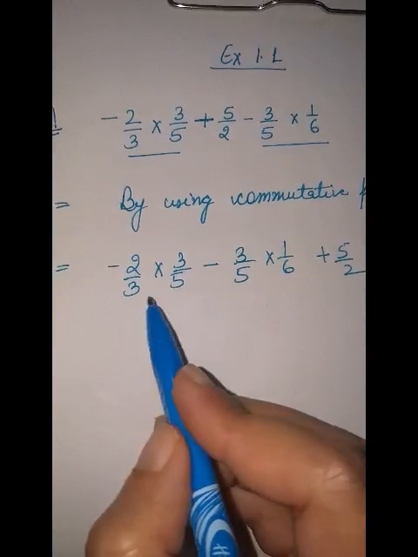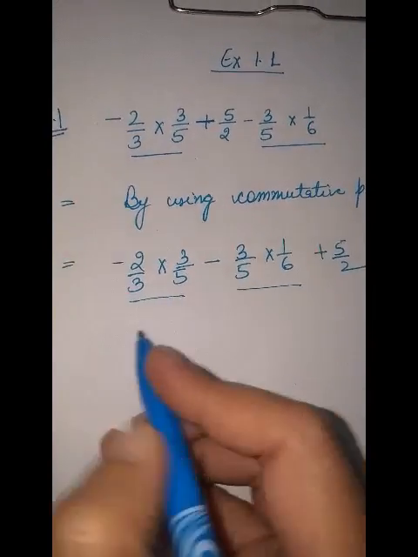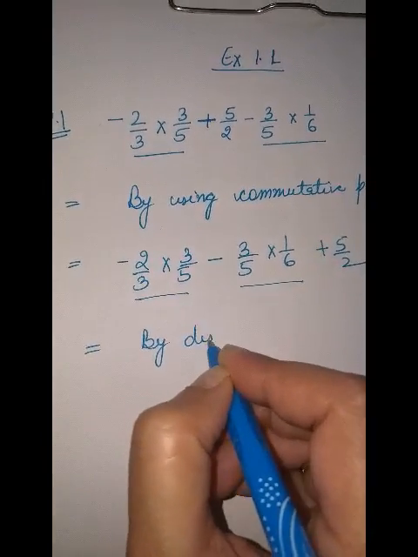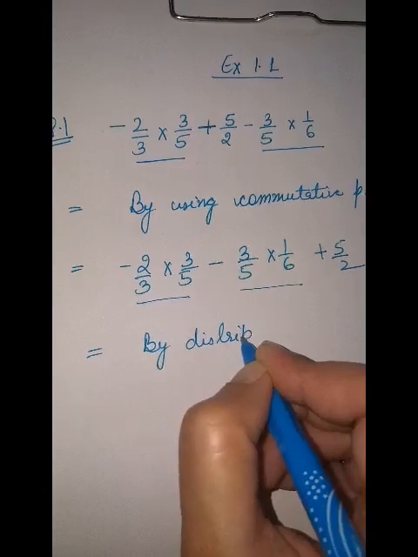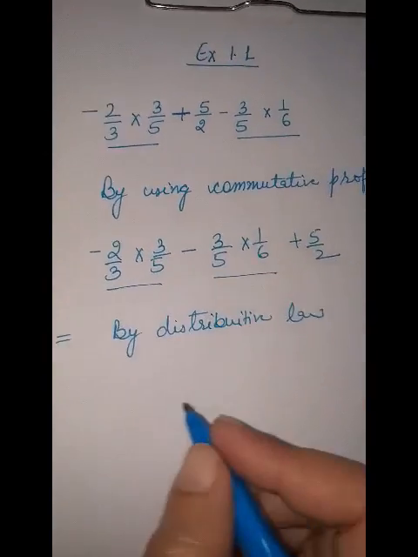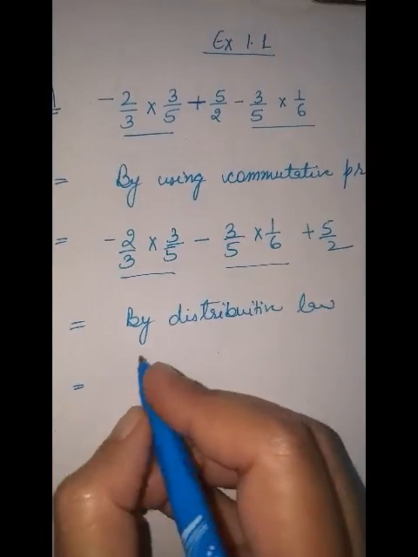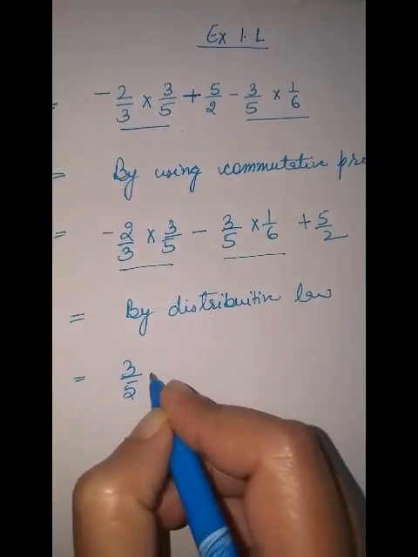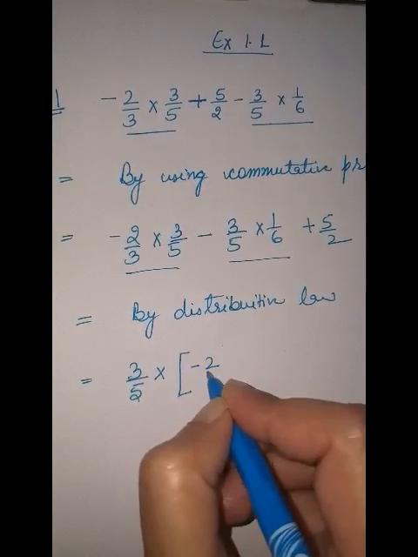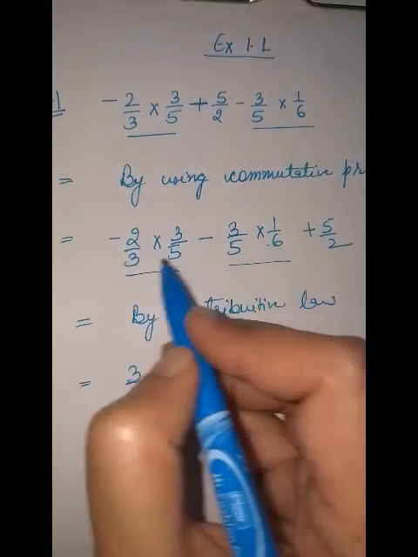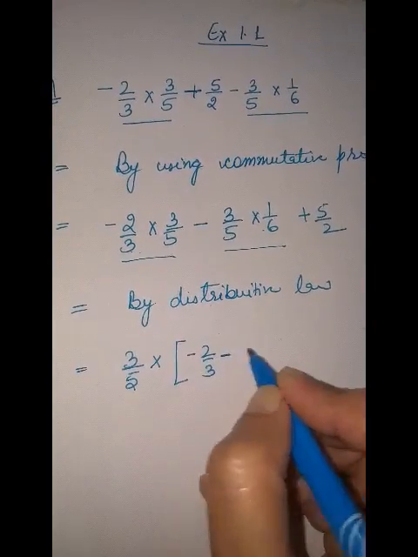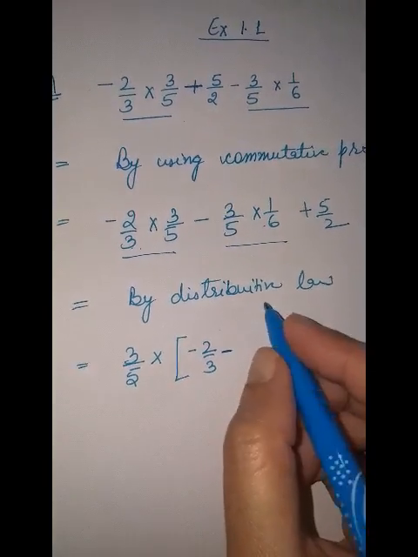Now you can see in these two 3/5 is common, so you will use distributive law or property, you can say. Both are same. 3/5 we have taken common, it is a sign of multiplication here, minus 2/3, and in between these two there is a sign of subtraction, you can see, so we will put a sign of subtraction here.